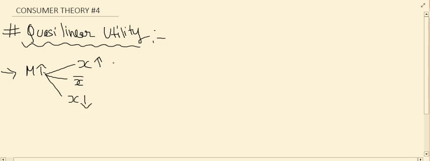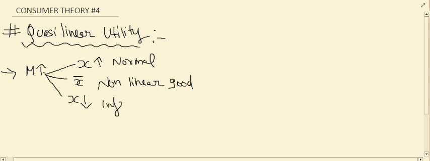In the first case, we say it to be a normal good. In the second case, we say it to be a non-linear good. And in the third case, we say it to be an inferior good.